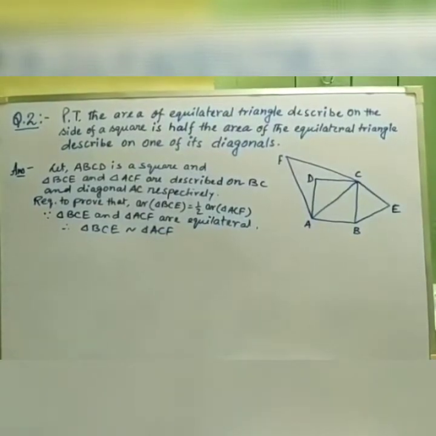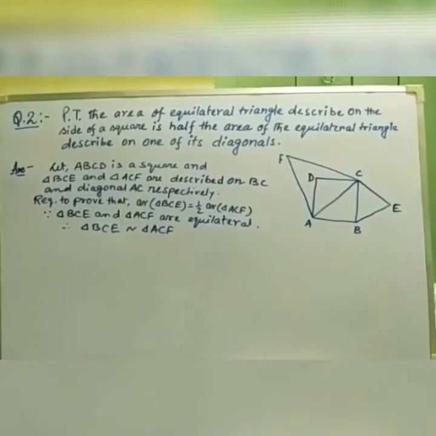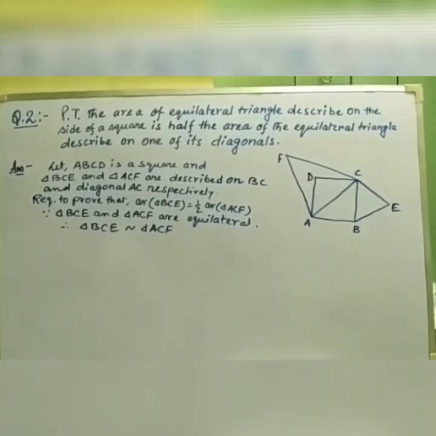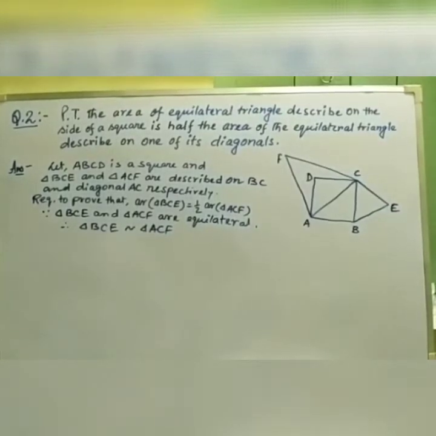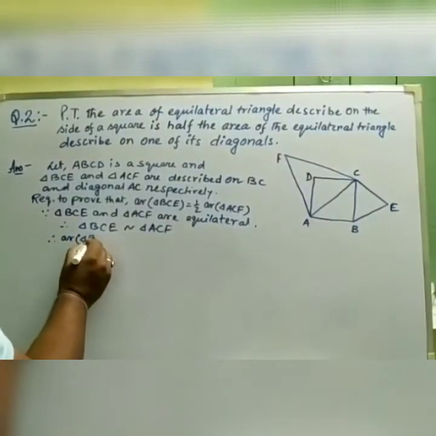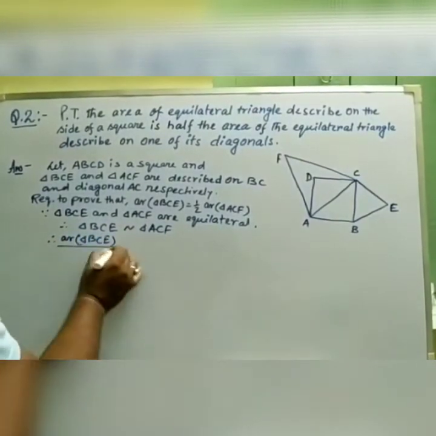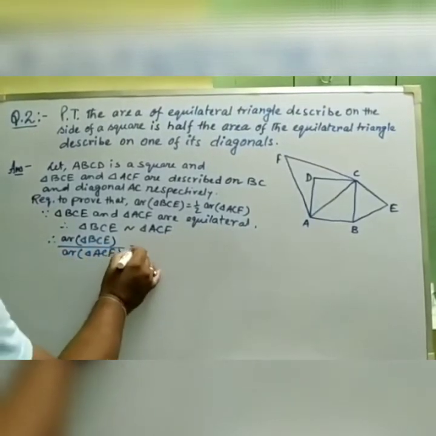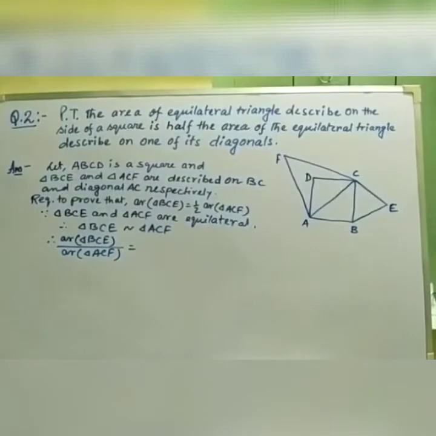Okay, and in part 4 you have the theorem of the similarity of triangles, that the ratio of the areas of two similar triangles is equal to the ratio of the squares of the corresponding sides. So that we have to use it here. Therefore area of triangle BCE by area of triangle ACF equals the square of the corresponding sides.